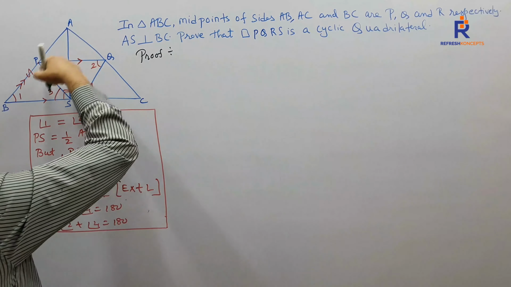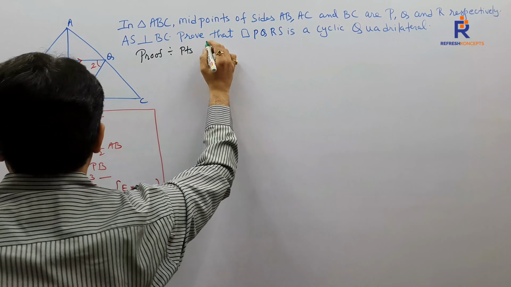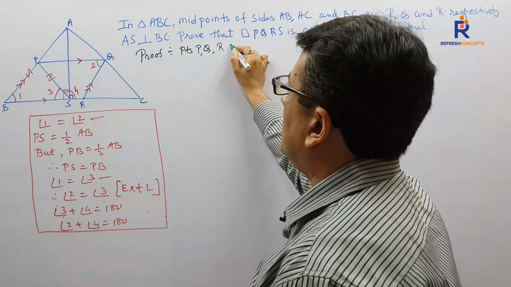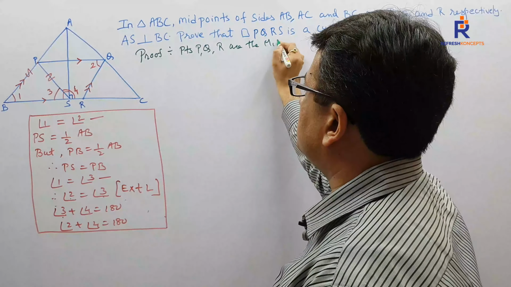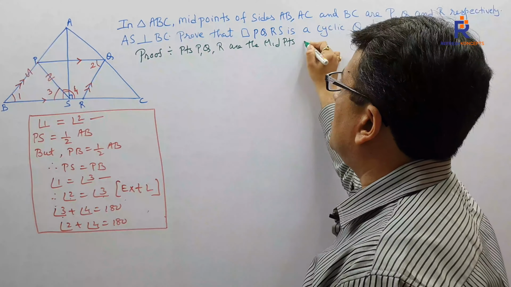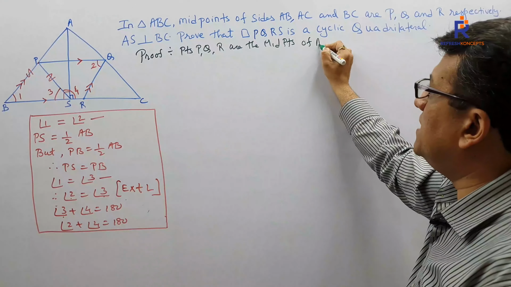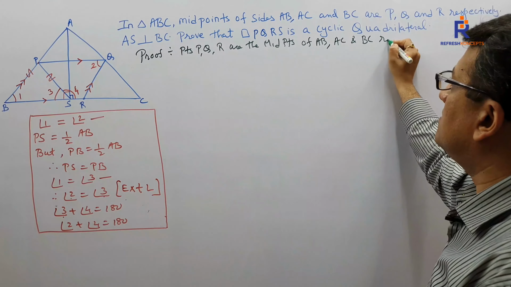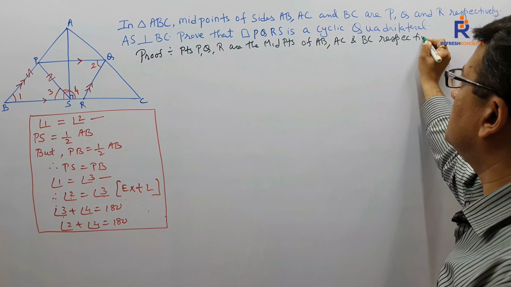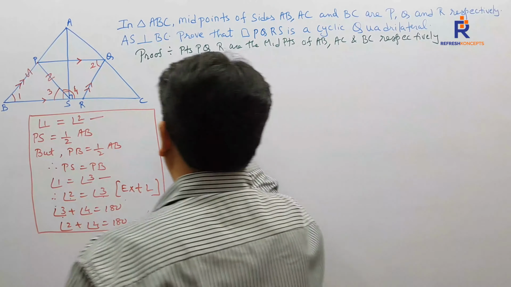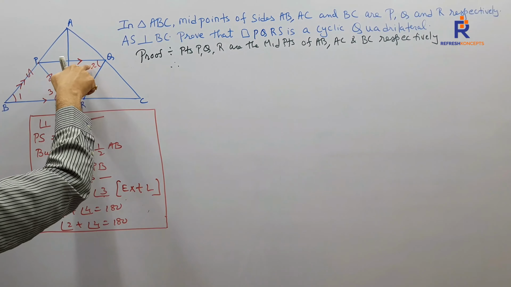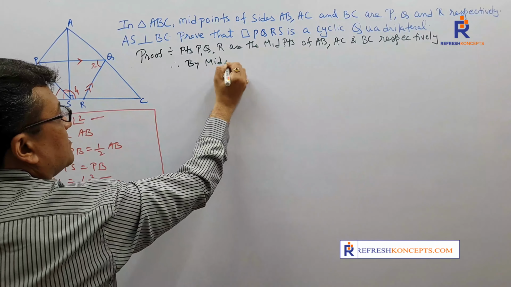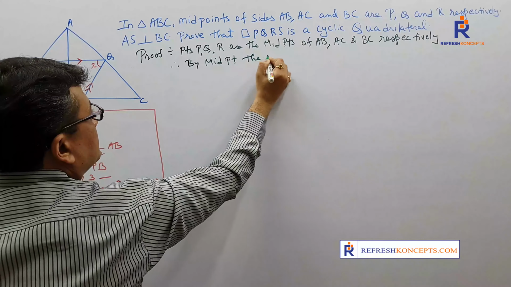As I stated, points P, Q, R are the midpoints of AB, AC and BC respectively. Therefore, one by one with PQ, can I say PQ parallel to BC, and with QR, by the midpoint theorem?